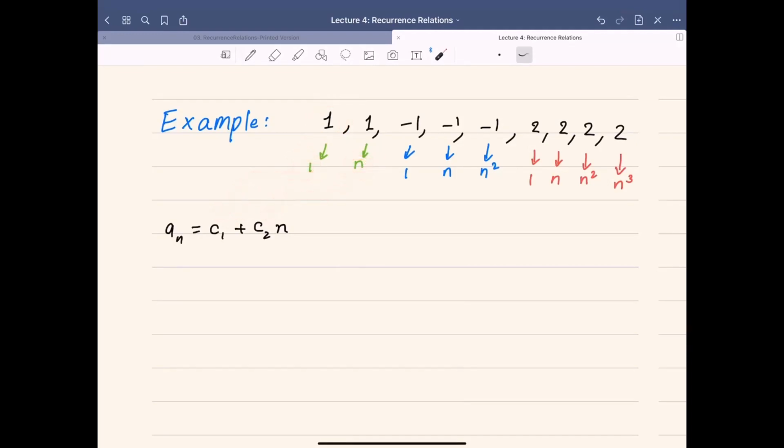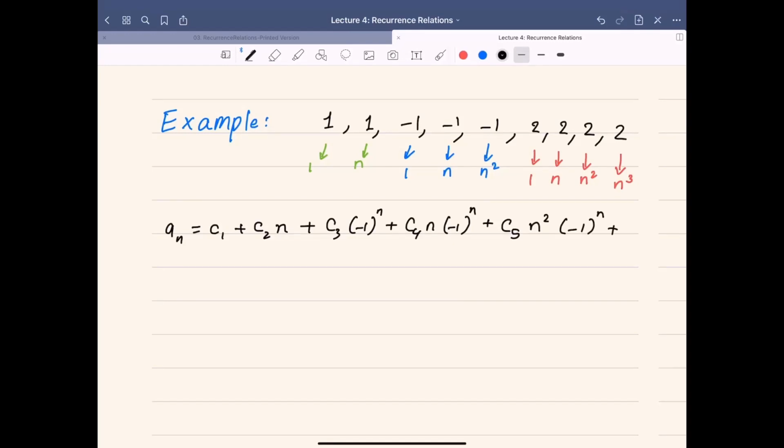Now for the next one, since this is minus 1, the first one will be c3 multiplied by minus 1 raised to power n, plus c4 multiplied by n times minus 1 raised to power n, plus c5 multiplied by n squared multiplied by minus 1 raised to power n.